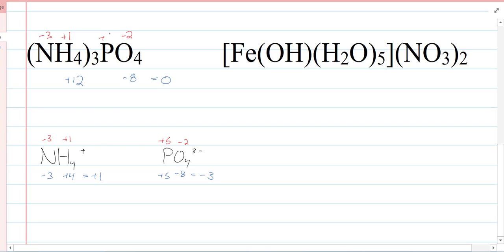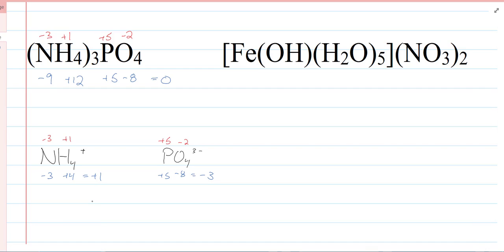So plug it in, +5. Let's see, does this work out? -3 times 3 would be -9. Plus 12 would be 3. Plus 5 would be 8. -8 would be 0. It works. Excellent. So I can always do a polyatomic ion by itself because it's not changing.